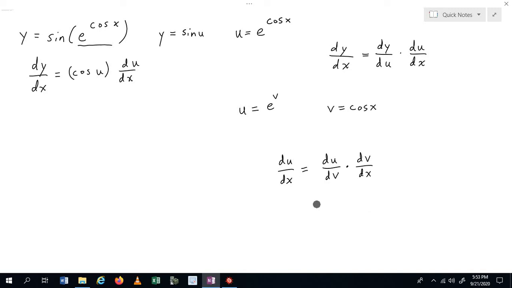Okay, so let's find each of these derivatives. What's du dv? Well, that's the derivative of this with respect to v, and the derivative of e to the v with respect to v is just e to the v. So that's our outer derivative. And then the inner derivative would be the derivative of this function with respect to x. So the derivative of cosine of x with respect to x. Well, the derivative of cosine is minus sine. So this gives us minus sine of x.